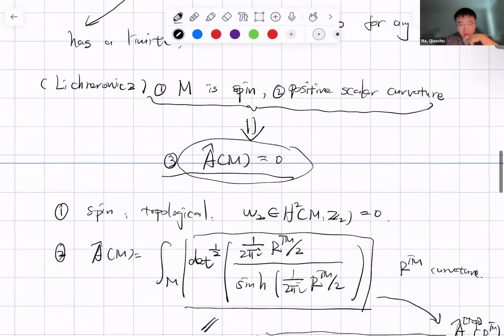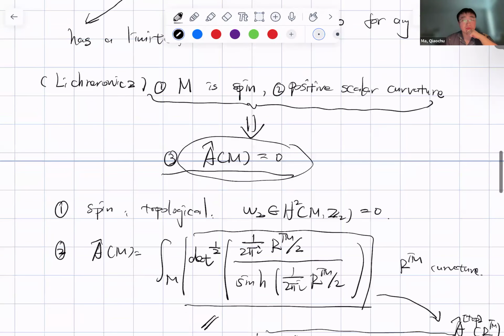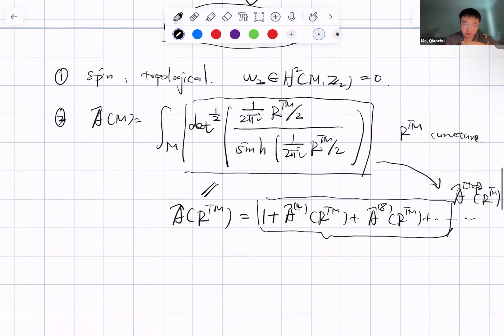All right, so we can see from this theorem that positive scalar curvature has a limit on its flexibility. Consider, on the contrary, M spin with positive scalar curvature. Then the A-hat genus, this characteristic number, is 0.